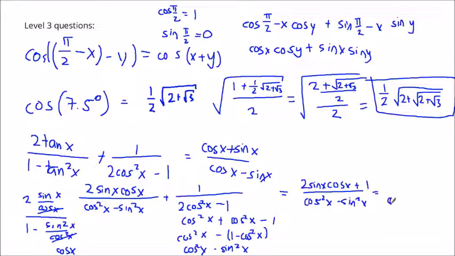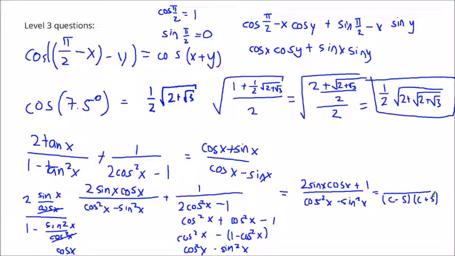We will do the difference of squares at the bottom. I'm just gonna write c minus s, c plus s, right? And then 2sc plus 1. We want our cosine x plus sine x on top.